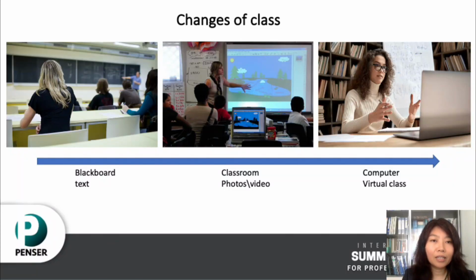So here we can see the changes of class during the past 50 years. On the left, this is a traditional classroom, and the professor is telling the knowledge through the blackboard, and the students are learning mainly depending on reading and memorization, and also through the lectures.